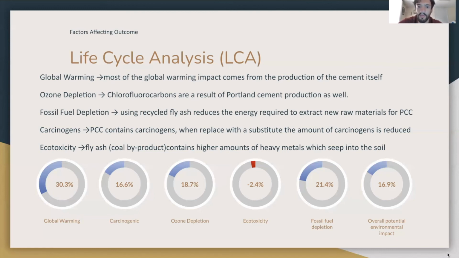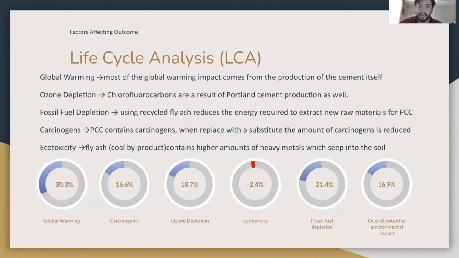Another category is a reduction of 16.6% in carcinogens. Portland cement concrete is known to contain several hazardous carcinogens, which are typically released in the form of dust exposure. By replacing Portland cement with fly ash, we're essentially reducing the amount of carcinogens in the mixture.